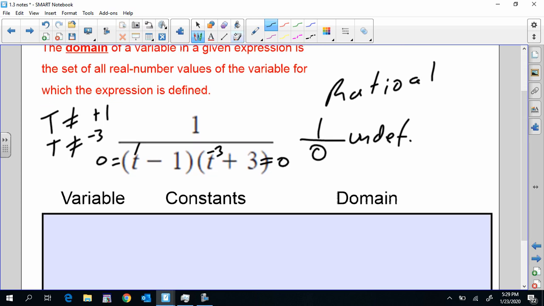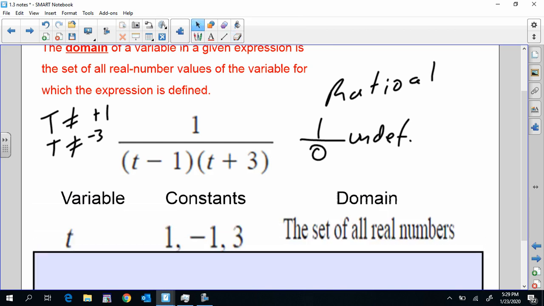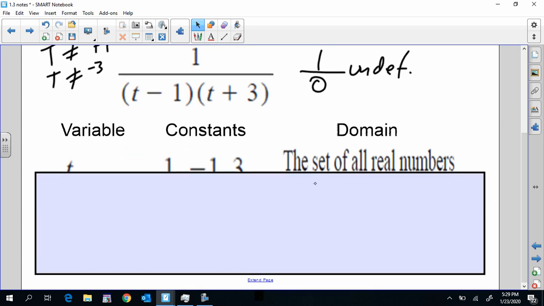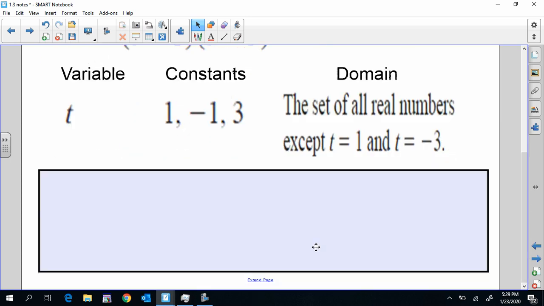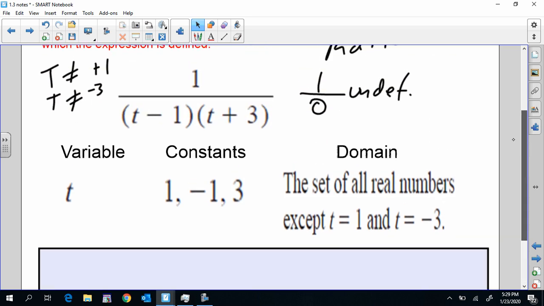Variable is t, right? Constants are anything that's not a variable, right? The domain would be the set of all real numbers except those two restrictions, except 1 and -3. Okay? How would we write that?